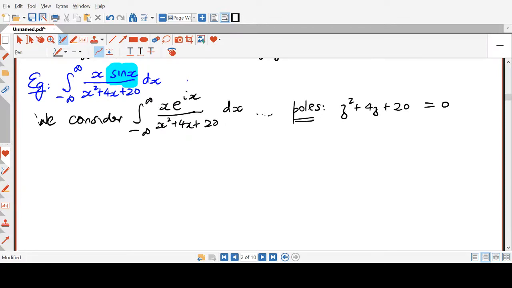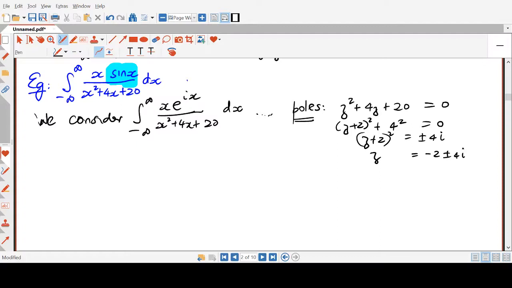Sometimes you can see some simple methods: this is like z plus 2 squared plus 16, so 4 squared, equals 0. You can see it. Then you can say z plus 2 squared equals minus 16, so it's plus or minus 4i. z is equal to minus 2 plus or minus 4i.